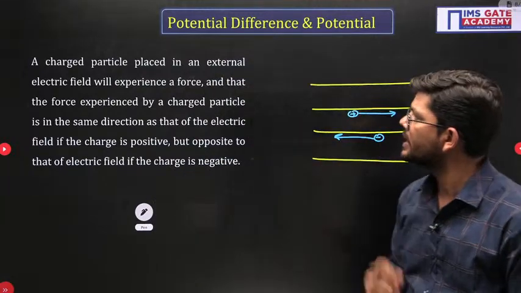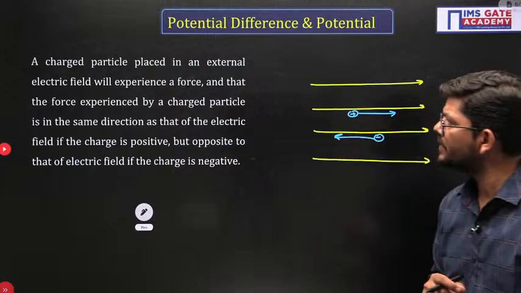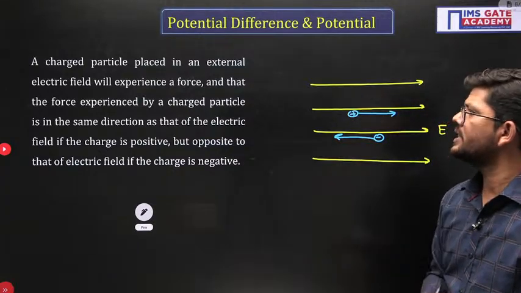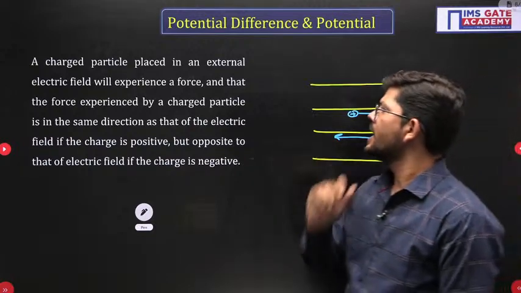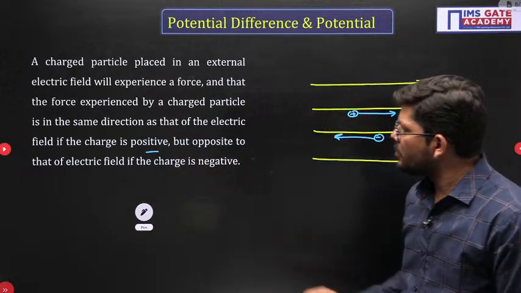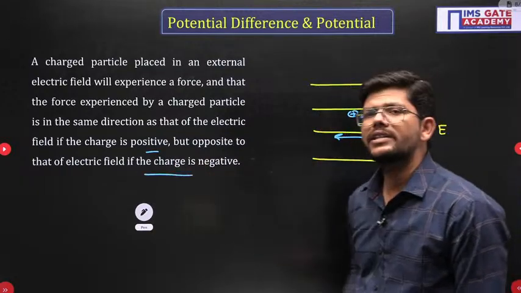and this is what is written here. A charged particle placed in an external field will experience a force, and that force experienced by the charged particle is in the same direction as that of the electric field if the charge is positive, and it will be opposite to the electric field if the charge is negative.